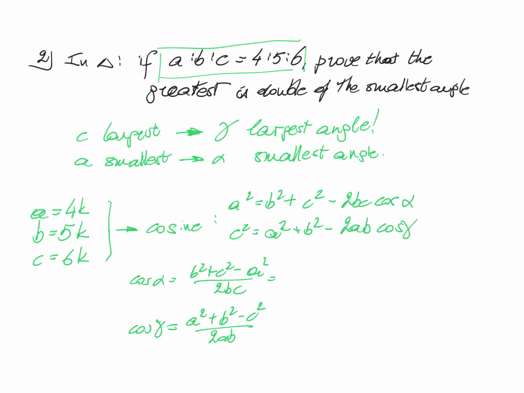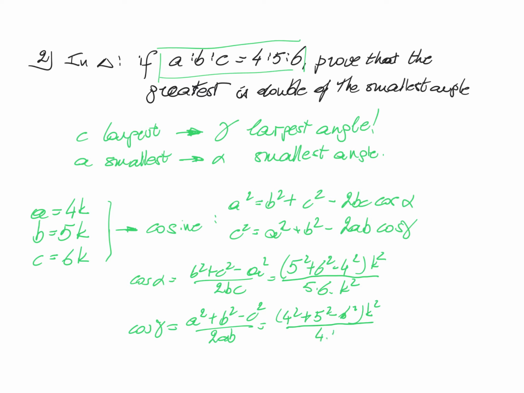So for alpha we have 5 squared plus 6 squared minus 4 squared, times k squared, divided by 2bc, where bc is 5 times 6 times k squared. Similarly here, we plug in the values: 4 squared plus 5 squared minus 6 squared, times k squared, divided by 2 times a times b.